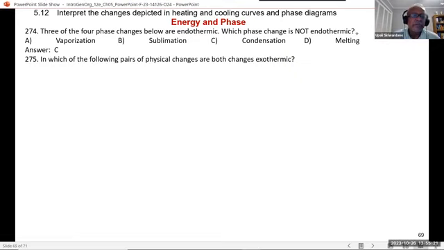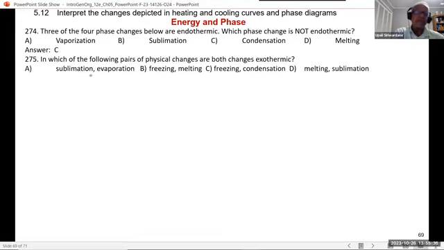Which of the following pairs of physical changes are both exothermic? Sublimation is endothermic. Evaporation is endothermic. Freezing is exothermic. Melting is endothermic.